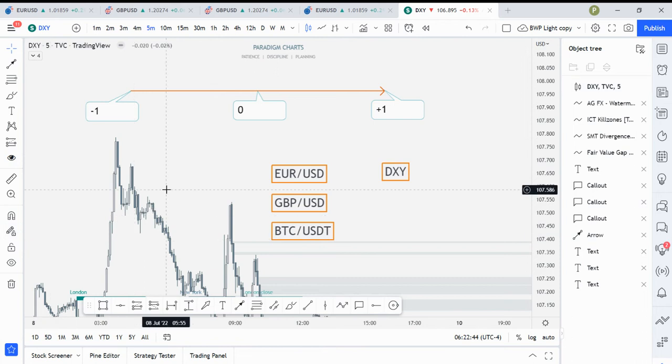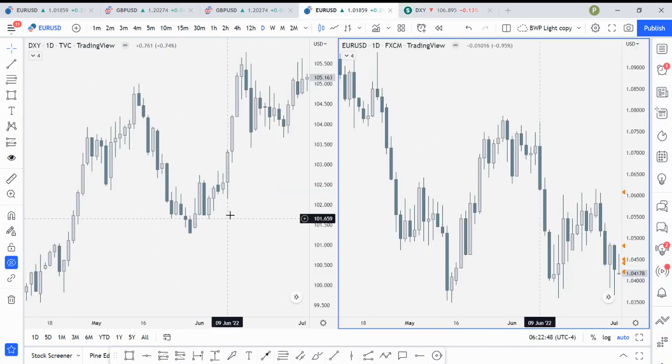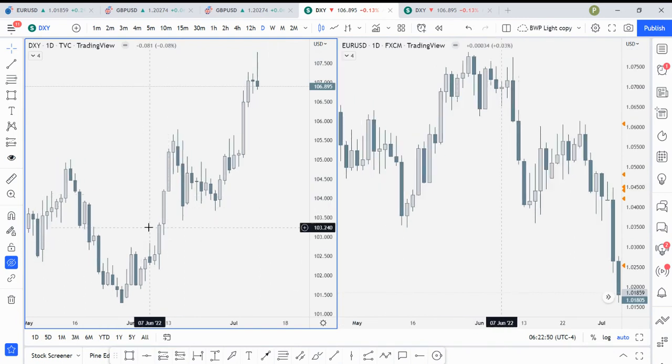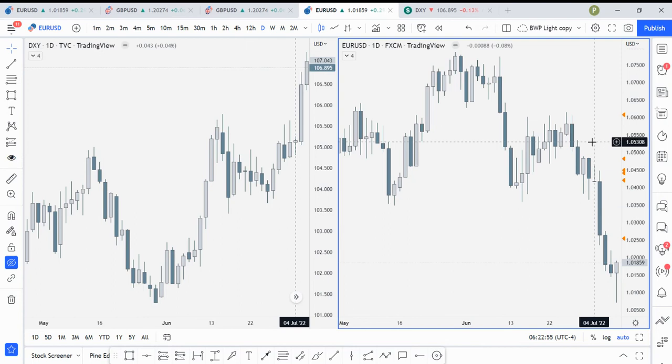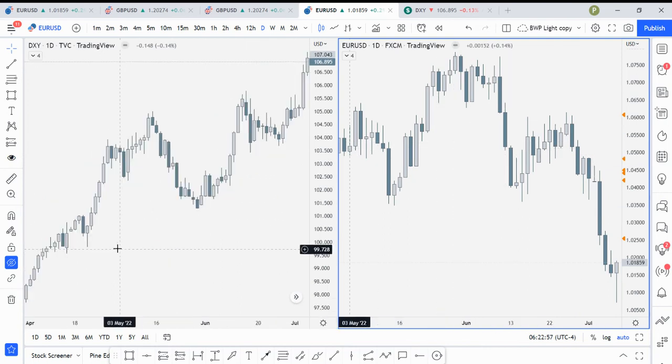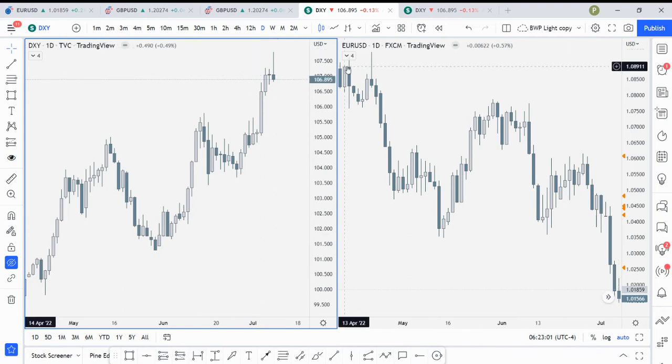Okay, so let's look at some examples here. This is the DXY chart on my left, and this is the Euro USD chart on my right. You can see that whenever DXY is going up, Euro USD is going down. Why? Because they are negatively correlated.